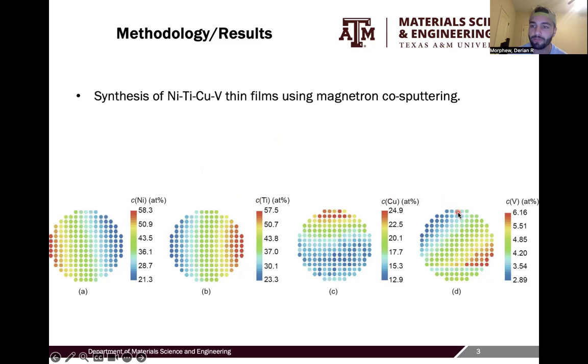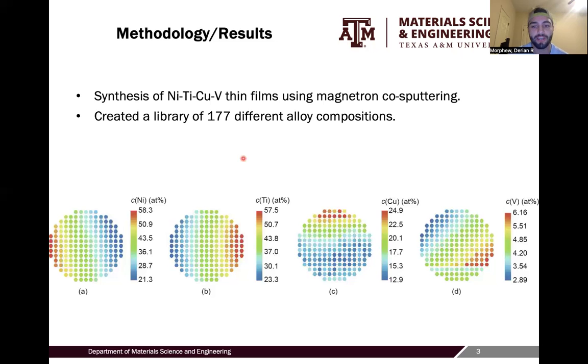This was on a single silicon wafer, and they produced a gradient of compositions of each atom. If you zoom in with a fine resolution, you can see they identified 177 different regions of composition space.